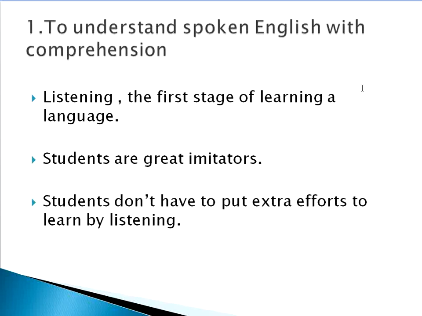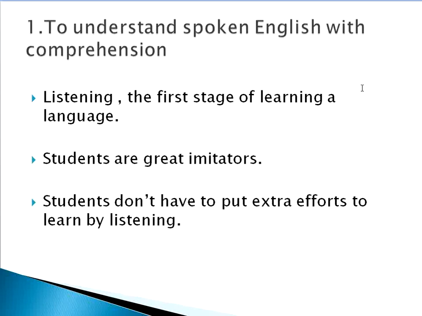Now, what is the second point? Students are great imitators. So as a teacher, while speaking something in front of your students, you need to be very careful. Make sure that your pronunciation is correct. Make sure that the reading speed is okay. Otherwise, what will happen?